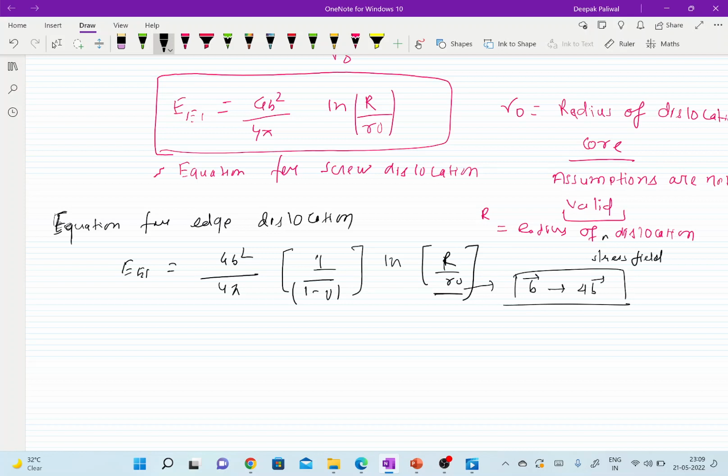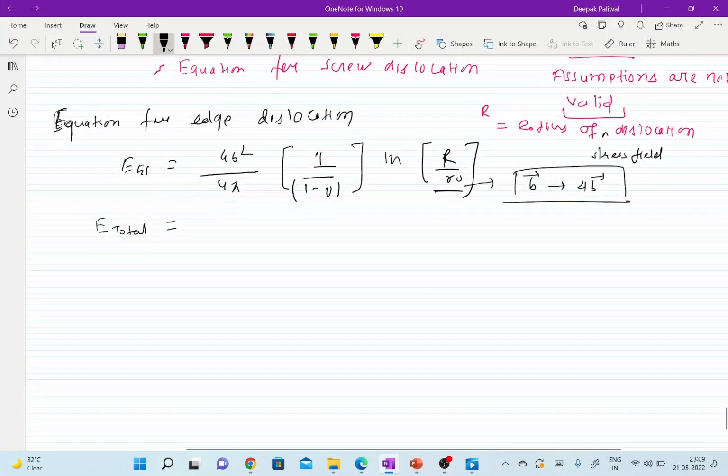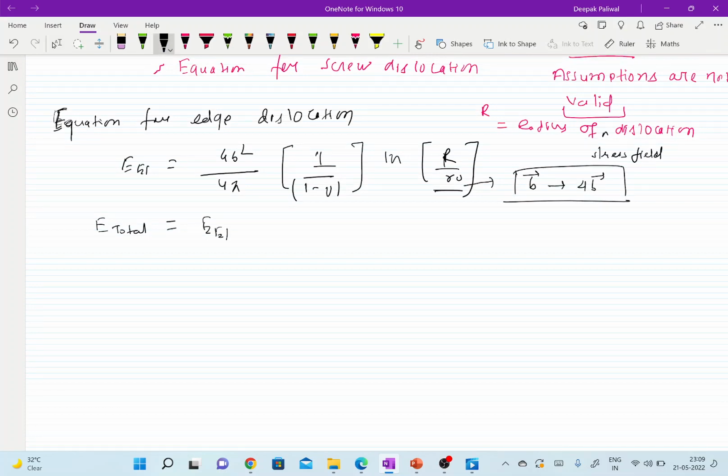I am interested in calculating the total energy, and the total energy is the sum of the elastic part plus the plastic part. So finally, if I write the expression for the elastic part, Gb square by 4 pi, the energy due to the core of the dislocation contributes only 10%.